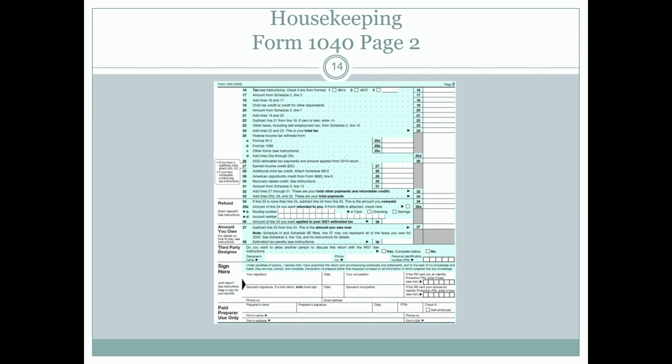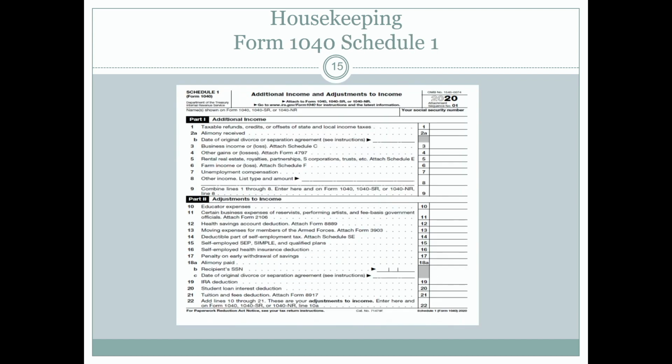Now, because the 1040 does not list all of the information, the IRS has provided some schedules. So for the 2020 tax return, there are 3 schedules, and the first schedule listed is additional income and adjustments to income. For part 1, we have our additional income. That is anything that has not been listed on the 1040 page 1.